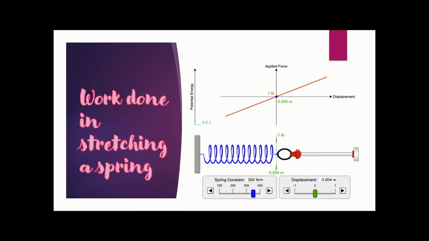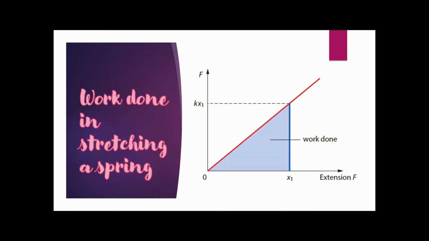So, because of that relation, we can also calculate the work done by a spring by calculating the area under the curve in a graph where we have on the x-axis the extension or the displacement of the spring and on the y-axis the force.